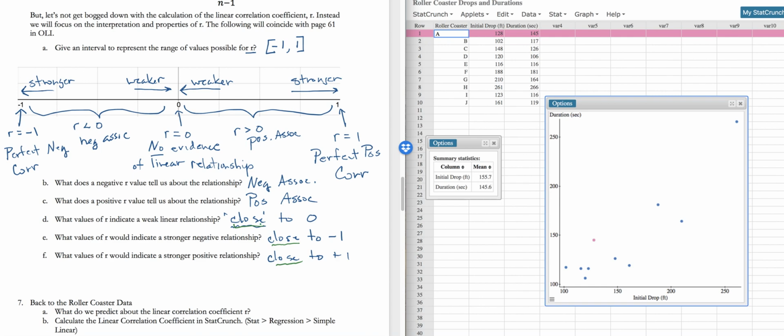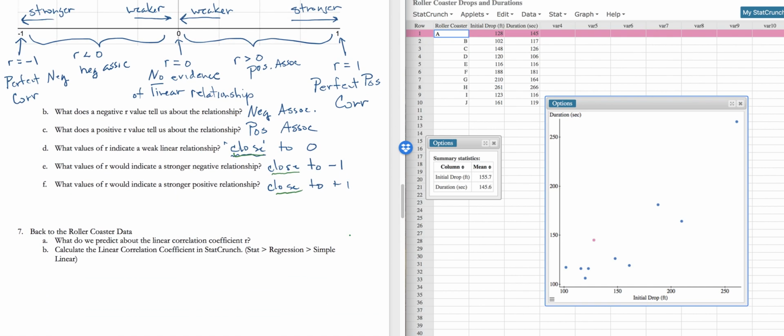We look at the scatter plot to get our subjective feeling about what we see, then we calculate the linear correlation coefficient, and we put those two things together to come up with our best possible conclusion about linear correlation.